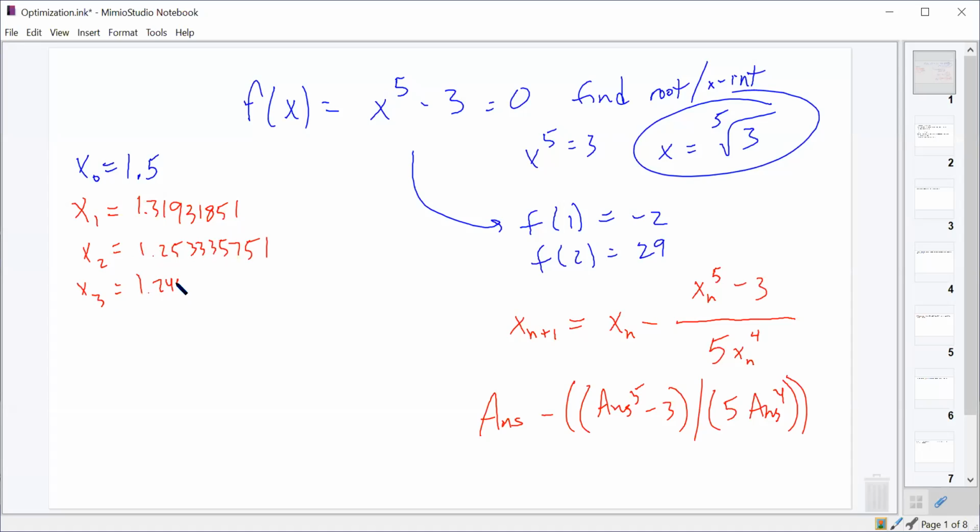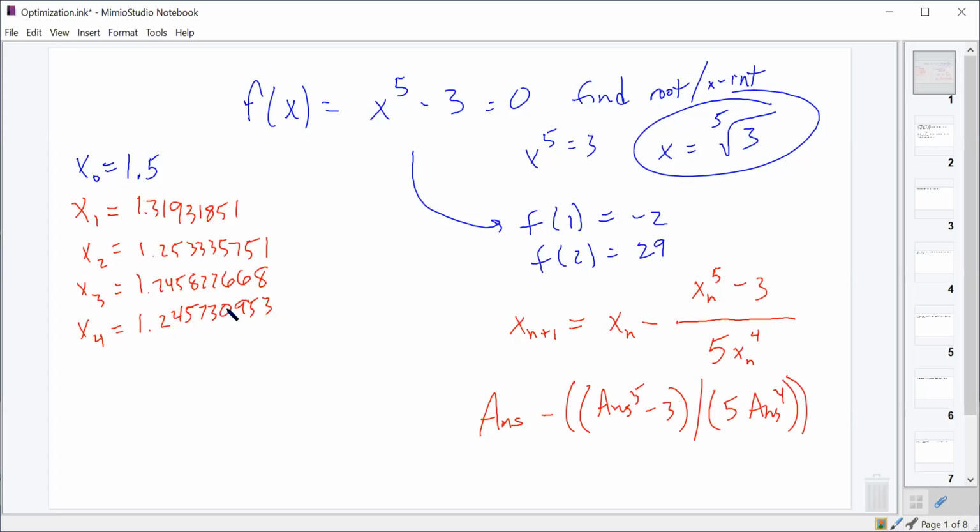And the next one? Hopefully it's 1.24, otherwise I'm going to have to go back and erase that. 573, 0953.